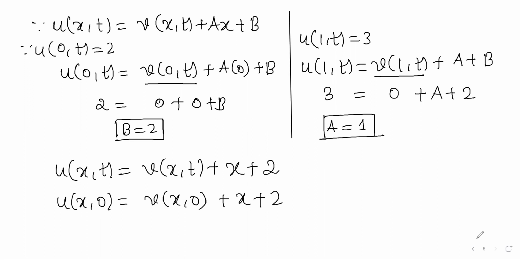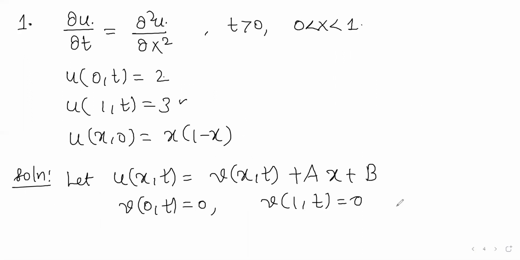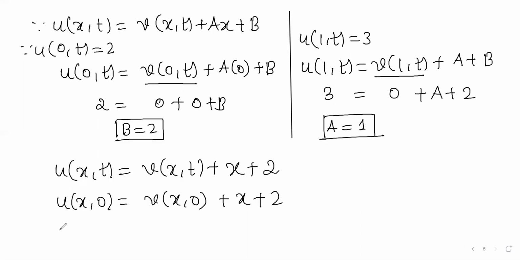U of x comma 0 is given as x into 1 minus x, so that gives x minus x square, and that equals v of x comma 0 plus x plus 2.